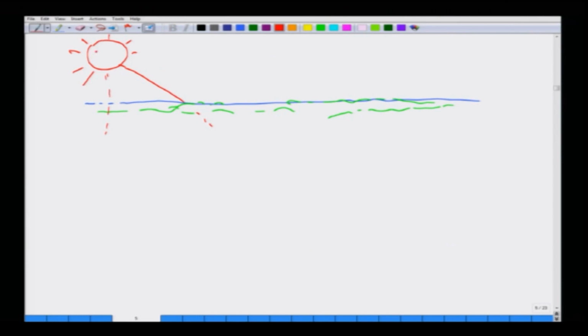So just let me label it for further understanding. This is the ocean surface. These green ones are the seaweeds.